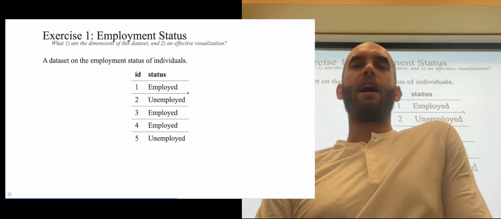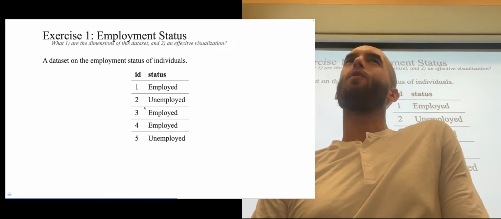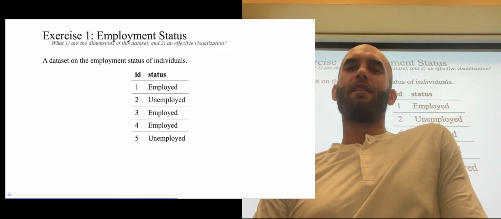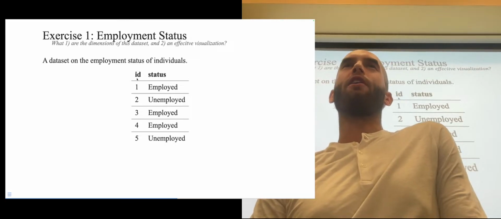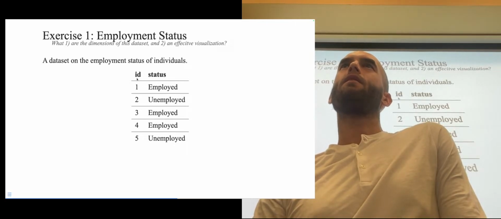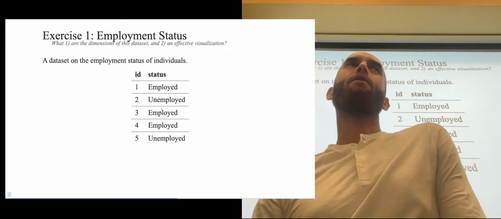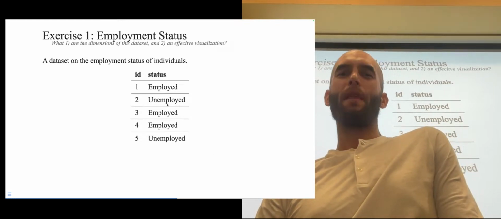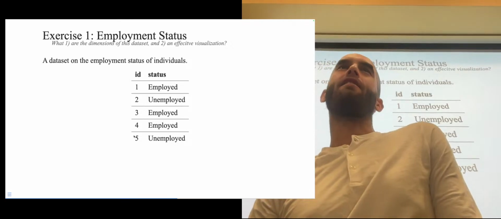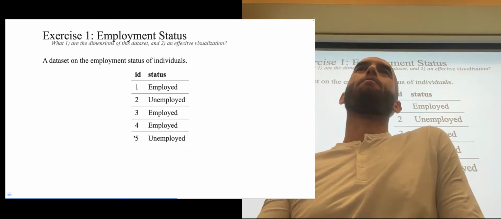I would call this univariate. We have the ID, but we usually don't call this a variable. Maybe I'll leave ID off, but usually ID is not considered a variable. It's just a way we keep track of the column.